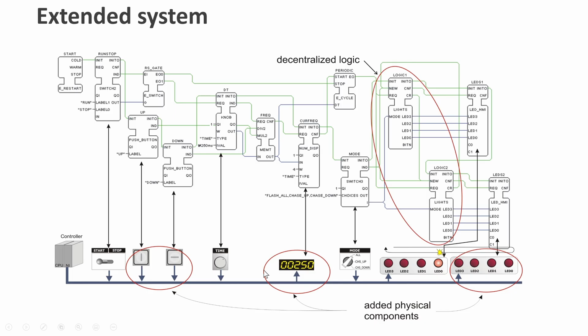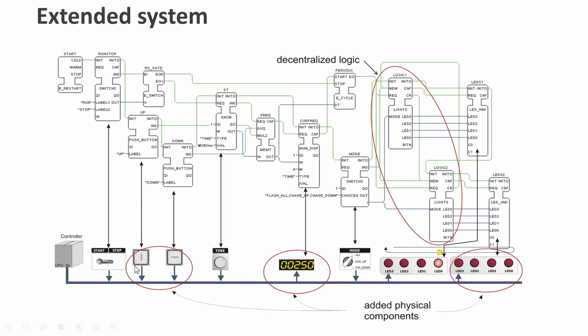Then for this new indicator, we added a corresponding function block that will take the frequency from the frequency generator, and will also take it as an input and will display it there. So the frequency value will go to the e-cycle as in the previous application, but will also go to the display of frequency.